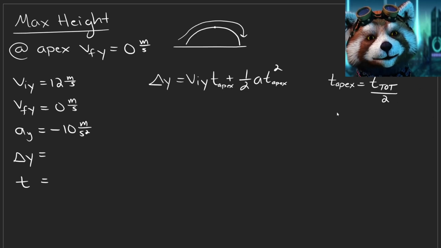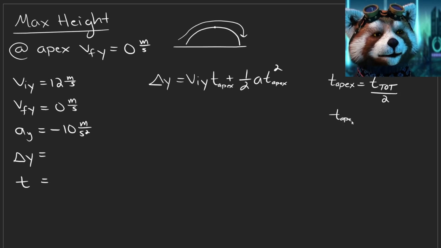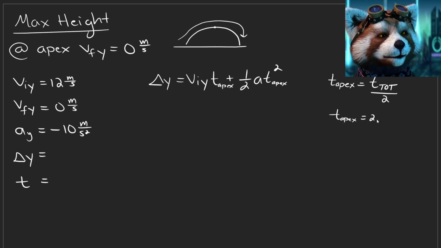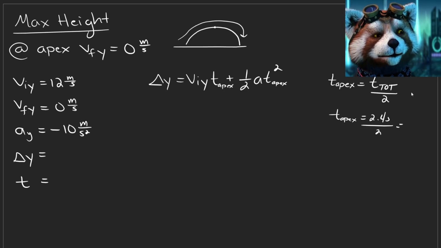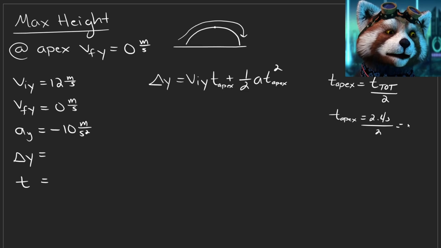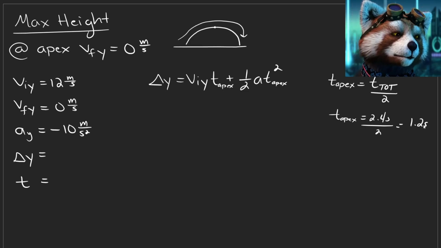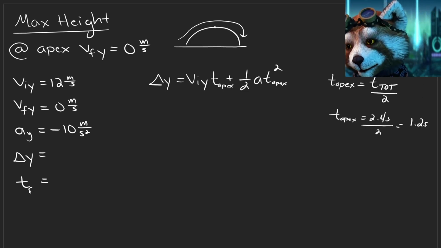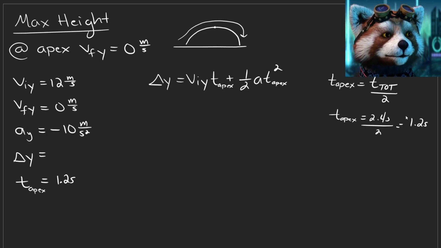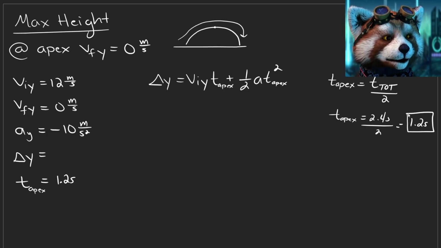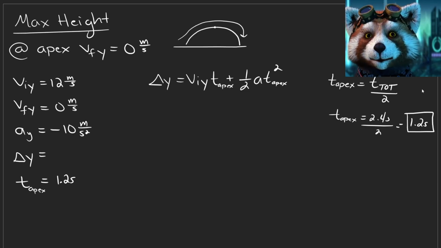So t apex, time to the apex, is going to be equal to 2.4 seconds divided by 2, which is going to be equal to 1.2 seconds. So our time to the apex is 1.2 seconds. That would be one way of doing it.